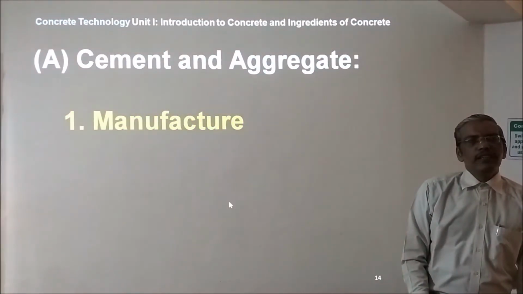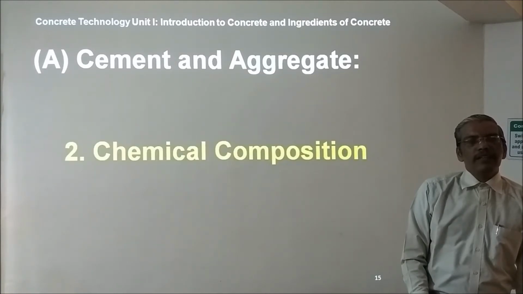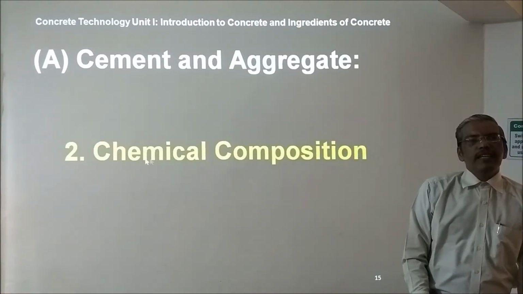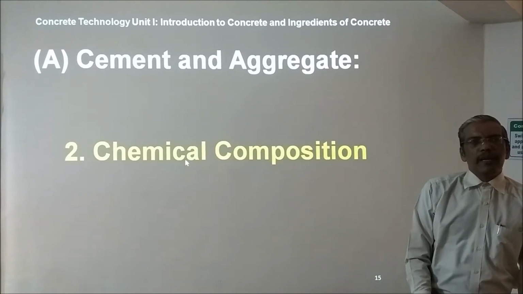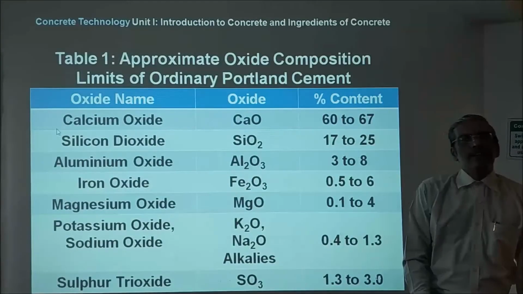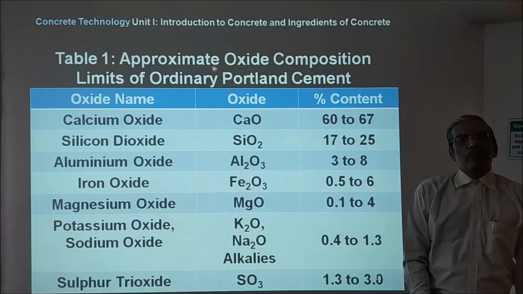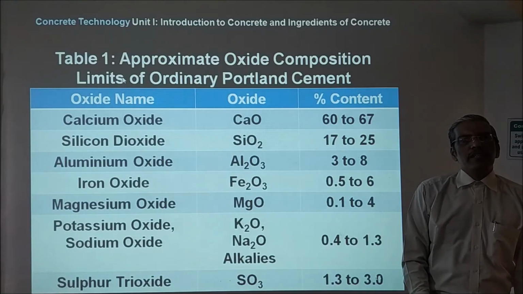So we have seen the manufacturing of the cement. Now secondly we will see the chemical composition of the cement. Here table 1 shows approximate oxide composition limits of ordinary Portland cement.